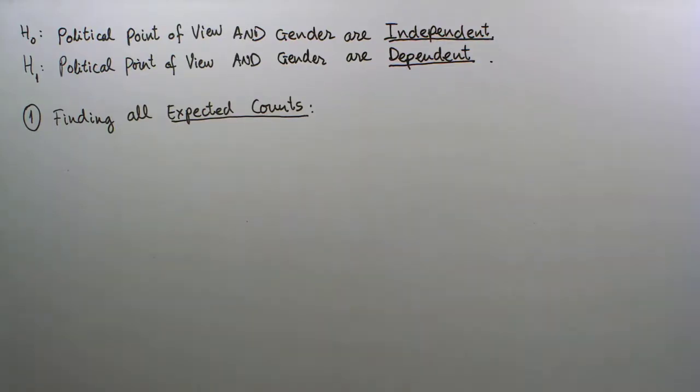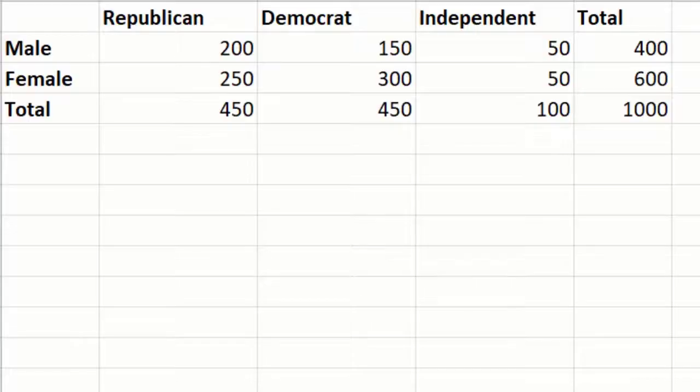For example, right here in our table, we have 6 entries outside of those in the total column and the total row. There will then be 6 expected counts to calculate. So I have to start speeding up the process here a little bit.